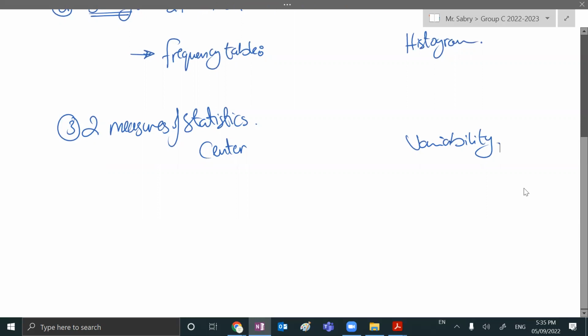What does that mean? If we're talking about lots of numbers, like the number of siblings, for example, the data would come out as 0, 1, 2, 3, 4, and so on. We want to know if those numbers are centered, close to each other. Or in other cases, if I asked about the amount of money they have in their bank accounts, you'll find people with debt, negatives, and you'll find people with billions.